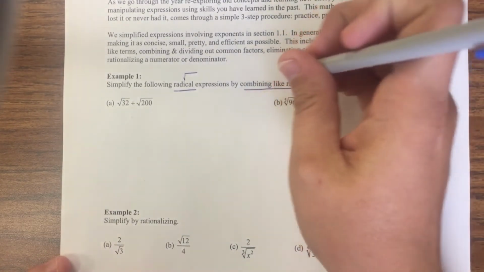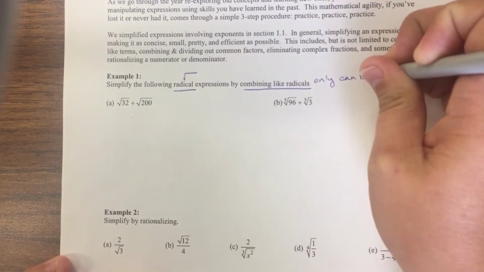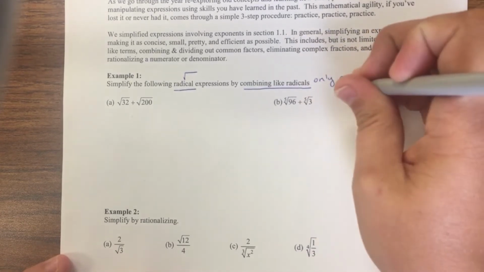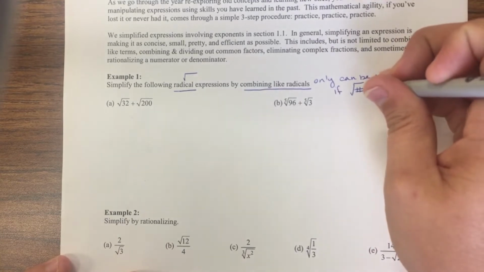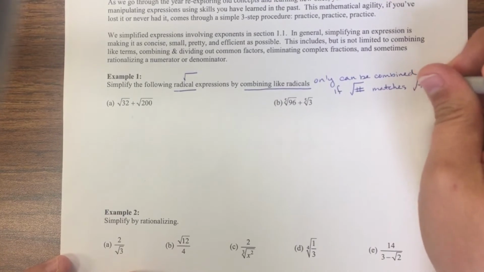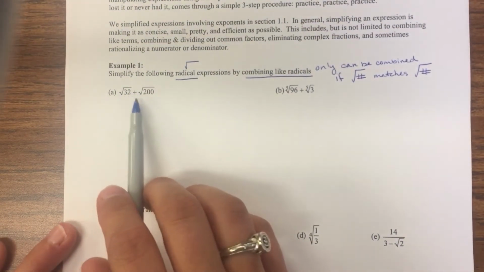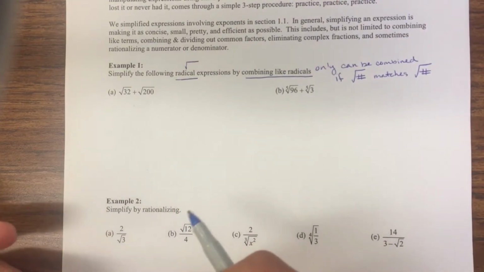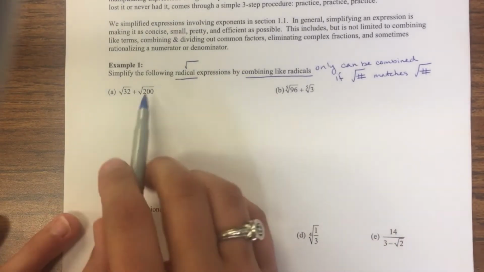Radicals can only be combined if the number under the radical matches the number under the other radical, okay? So if you're looking at letter A, where it says the square root of 32 plus the square root of 200, you can't just put those together and say, oh, that's the square root of 232. You can't add radicals like that. You can only add them if they're exactly the same.